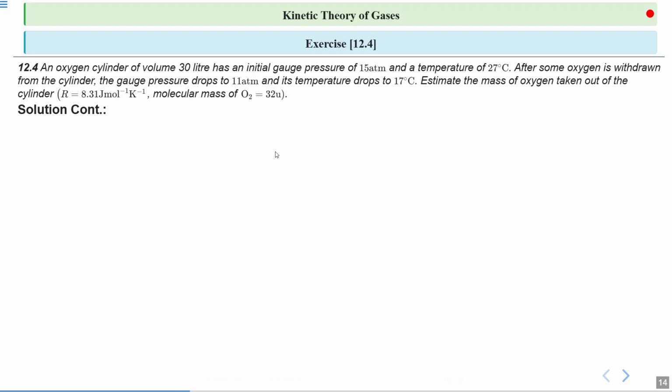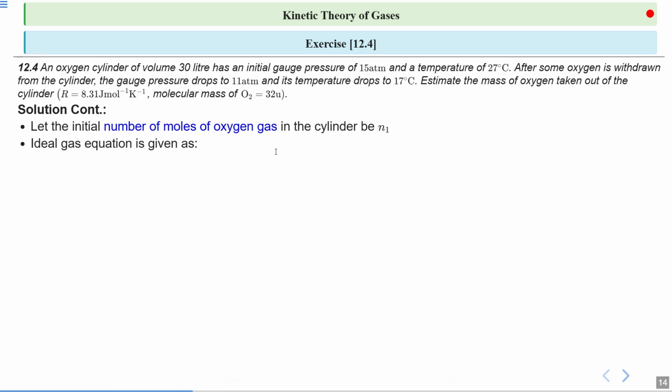Now, first we need to determine the initial number of moles of oxygen gas in the cylinder. To find the number of moles, we will use the ideal gas equation. The ideal gas equation is expressed as P1V1 is equal to n1RT1.